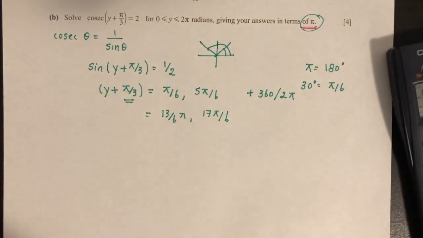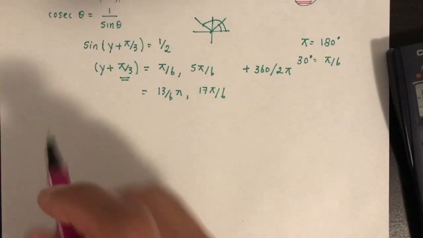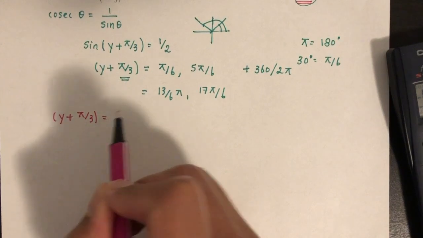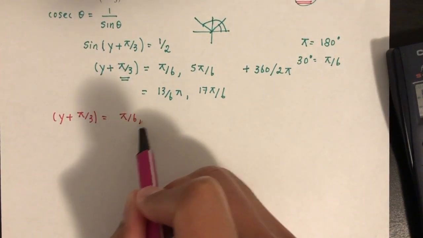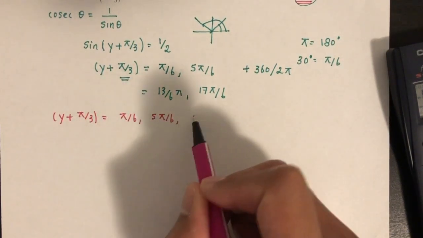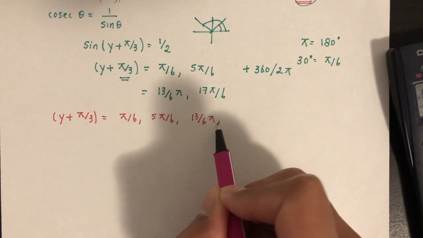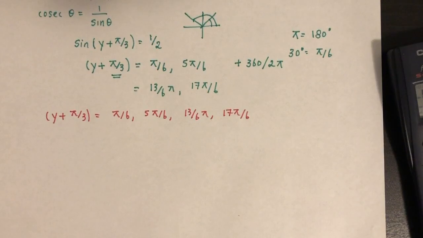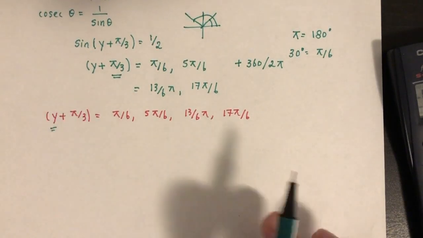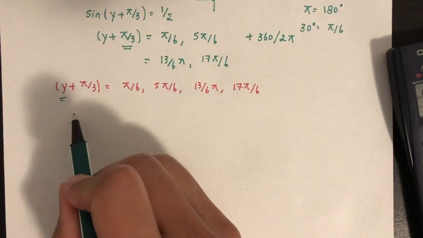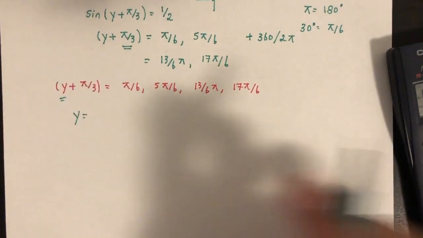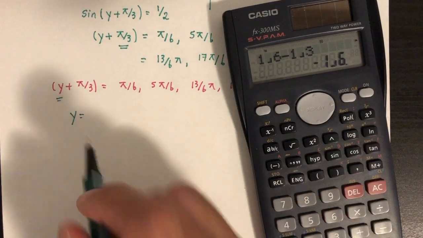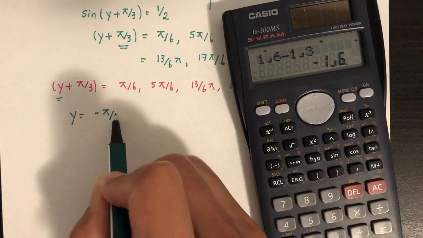So let's rewrite everything down again. Right now we have this angle here, y plus pi by 3, equals pi by 6, 5 pi by 6, 13 by 6 pi, and 17 pi by 6. So we have these four values, but we have to find the value of y. So y will be this angle minus pi by 3. So 1 over 6 minus 1 over 3, that will be minus pi by 6.